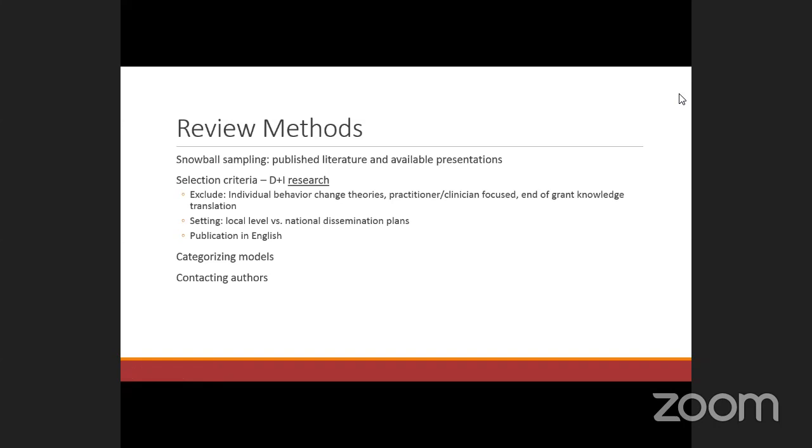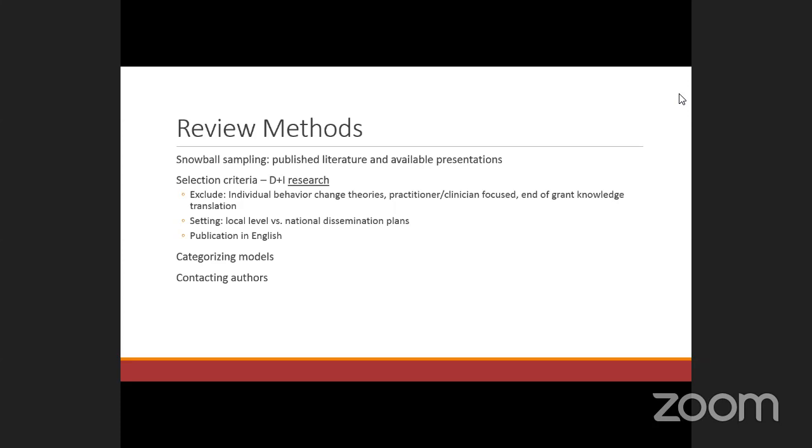So just to give a brief idea of where this all came from, we started with a review of models that were available for D&I science. We focused on excluding models that focused on individual behavior change, which would be some of the ones we might be familiar with from learning to develop behavioral interventions. We really wanted models that focused at a higher level, practitioner or clinician level.